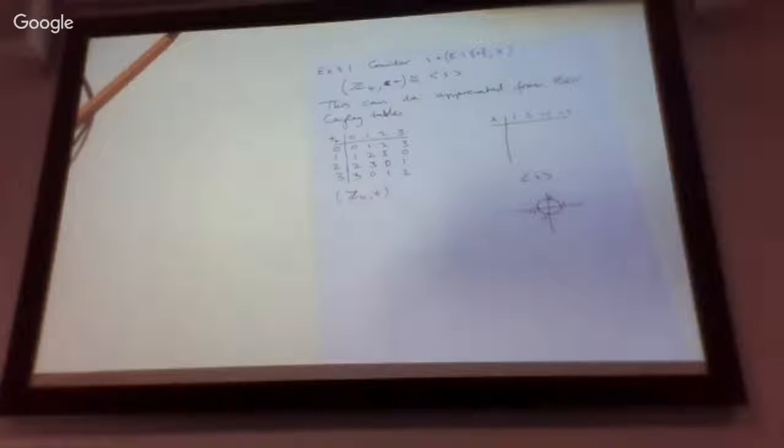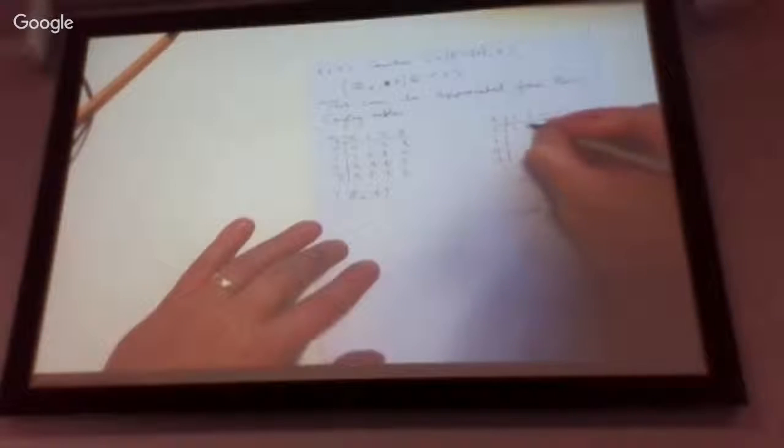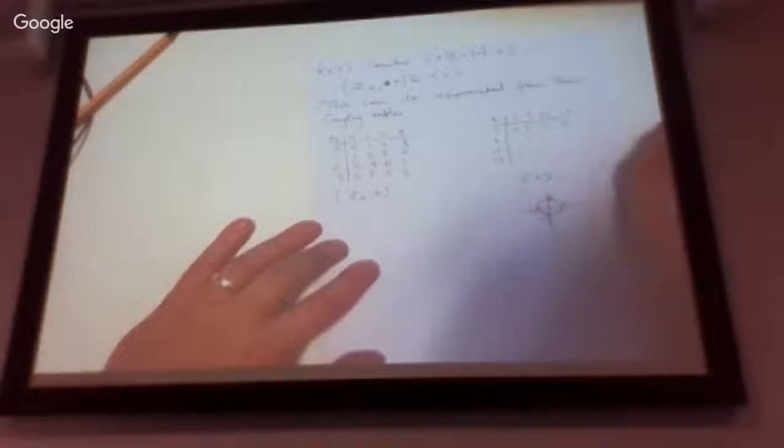These are the fourth roots of 1. Take any of these numbers and raise it to the power of 4, you're going to get 1. These are our elements here. If you multiply something by 1, you don't change it. You multiply something by i, i changes to i squared, which is -1.